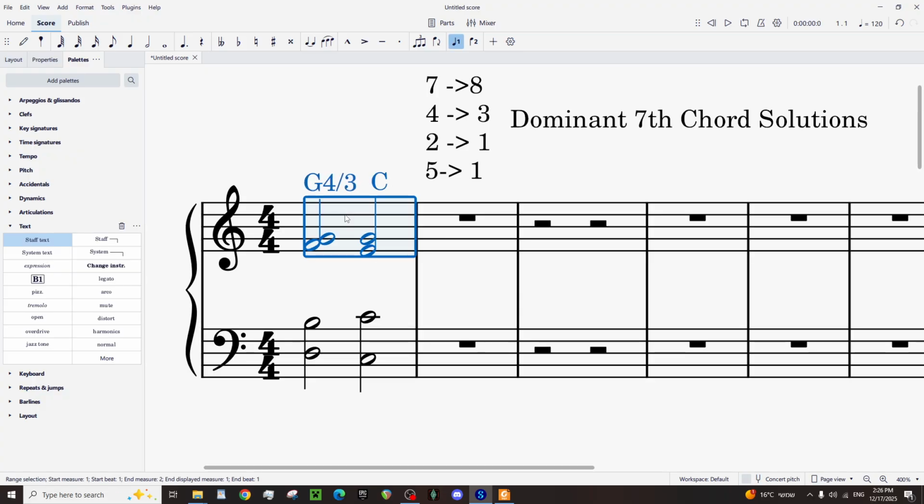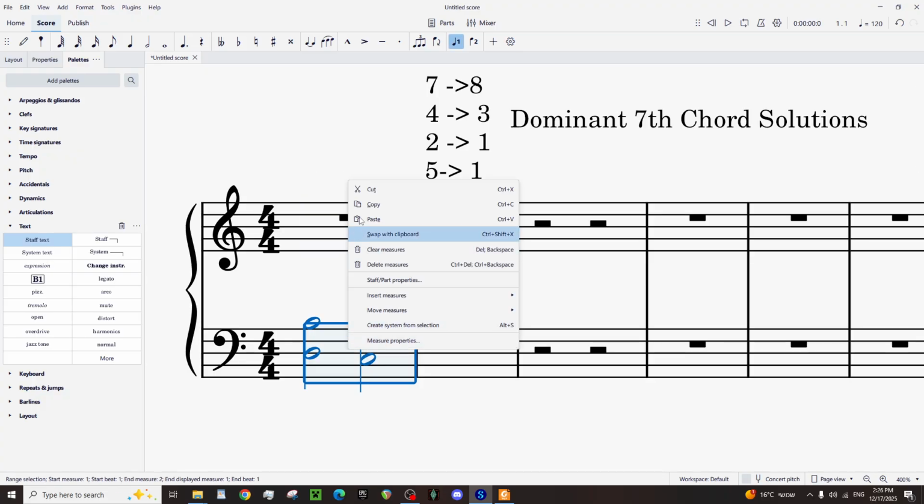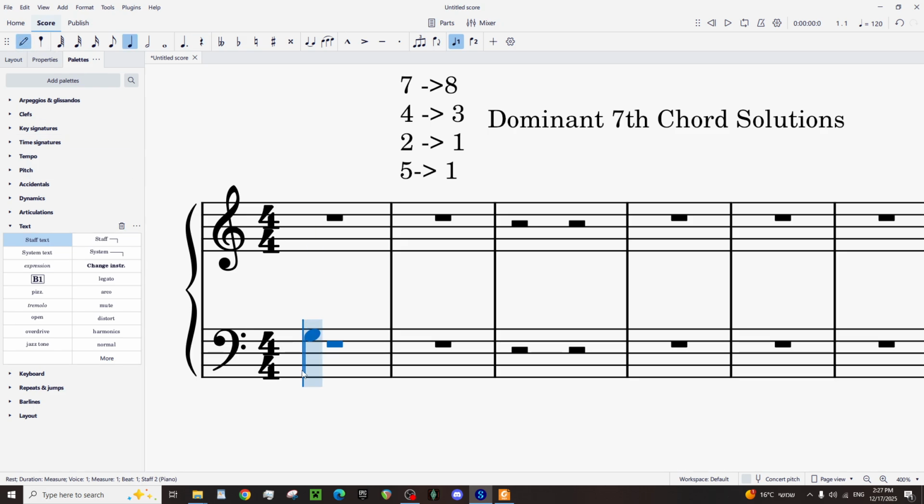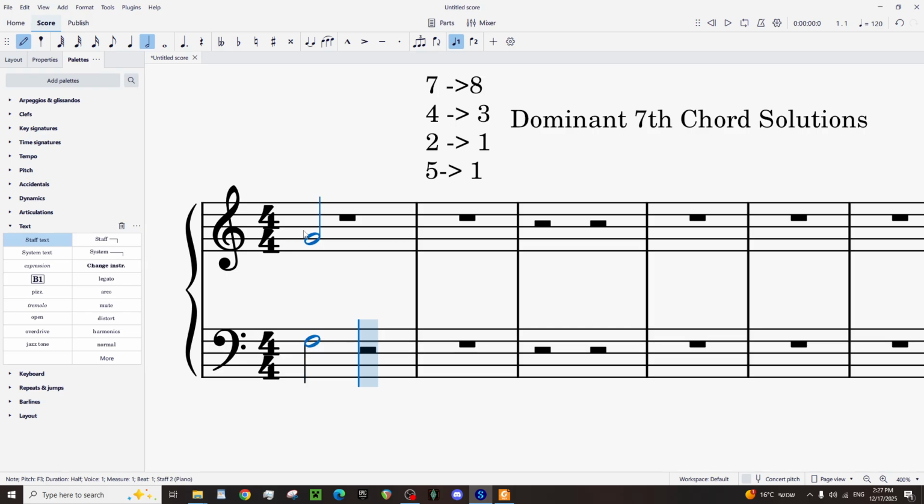So now the last inversion would be an F. So an F inversion, the third inversion, which is an F as the bass note, can only be solved to a first inverted chord.